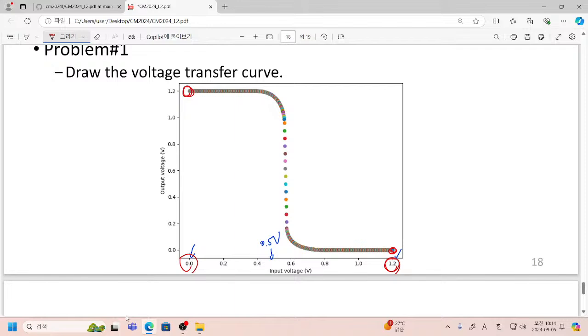Even when we have, for example, 0.4 volt, which can be regarded as a logical 0, the output becomes quite close to 1.2. It means that this CMOS inverter is quite strong and robust against fluctuation of the input parameter. Wow, that is quite good.